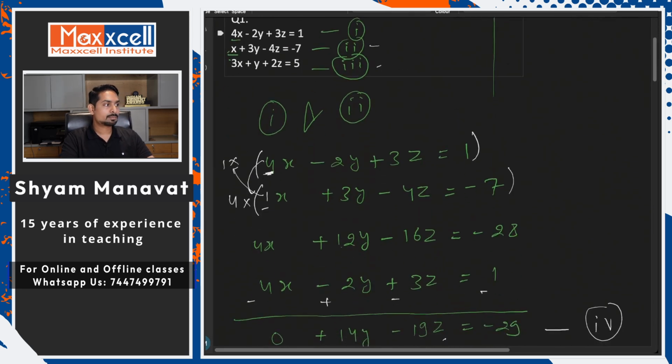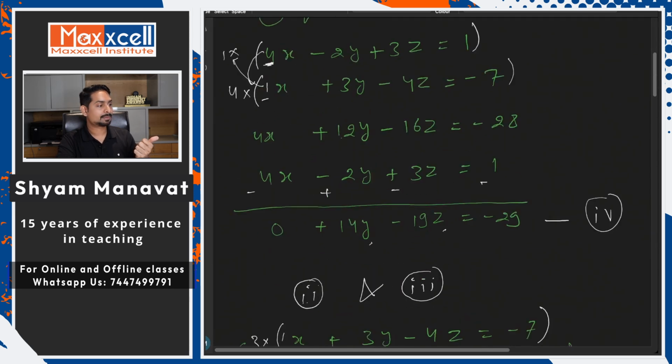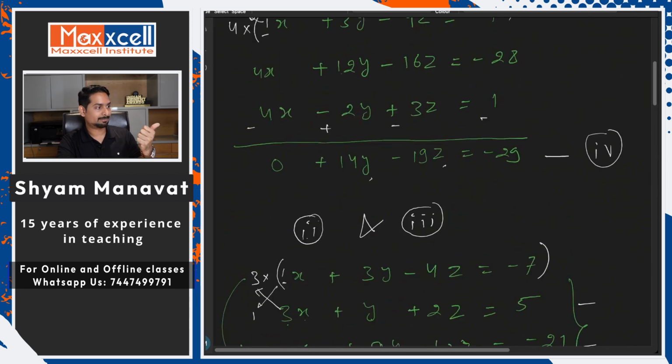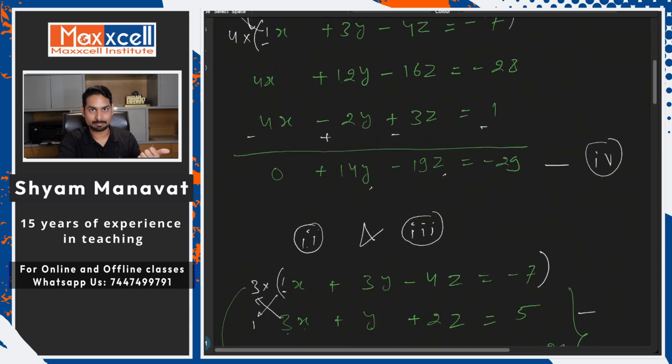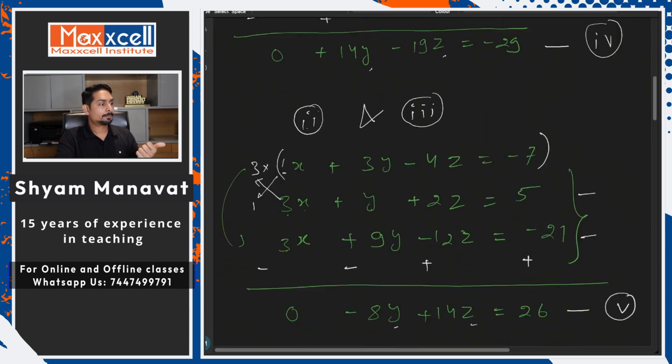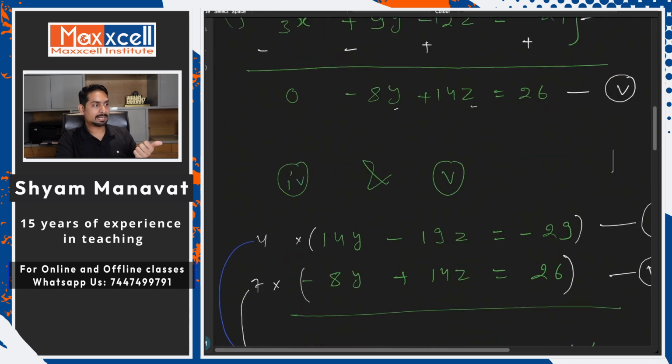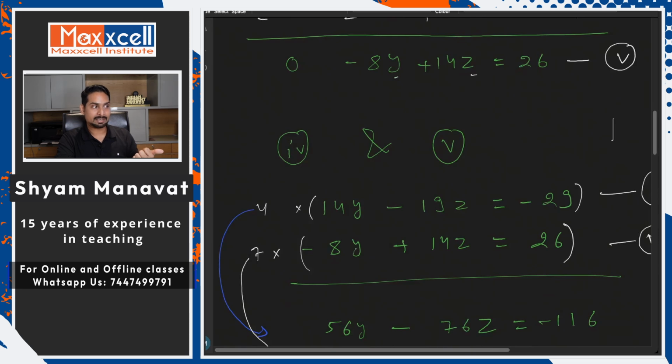Then what you do, you have three equations, three variables, you take one of the variables, let's say x, and you try to eliminate x and make two combinations. So here I got the combination of equation number 1 and 2 and equation number 2 and 3, and I eliminated x using these two combinations. Now after that I got only variables y and z.